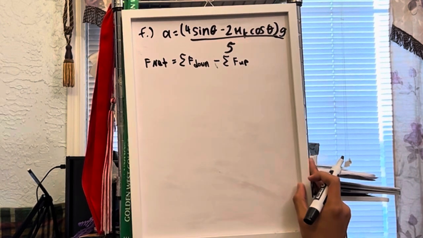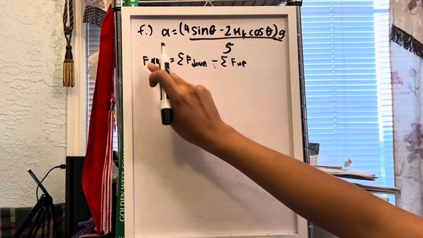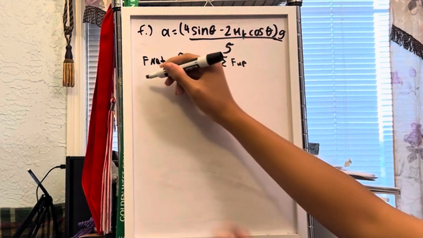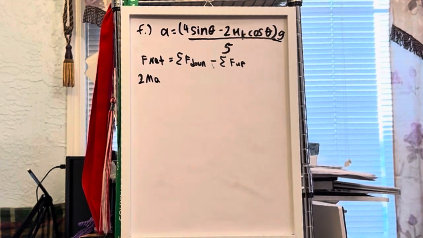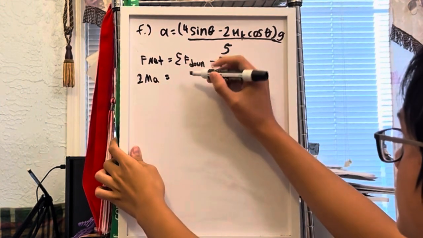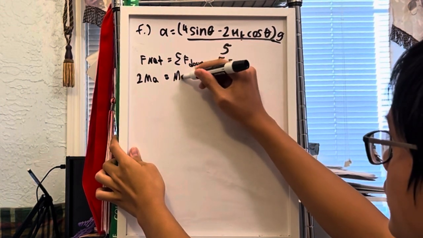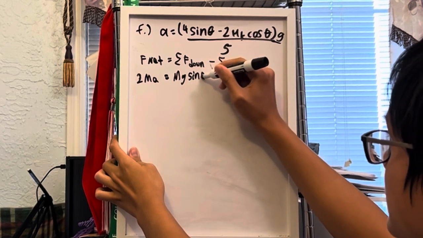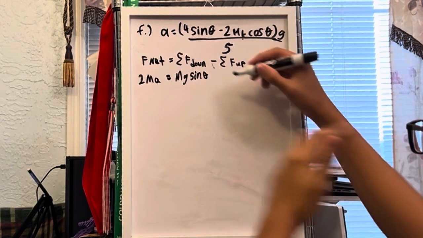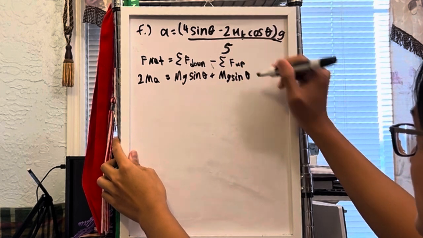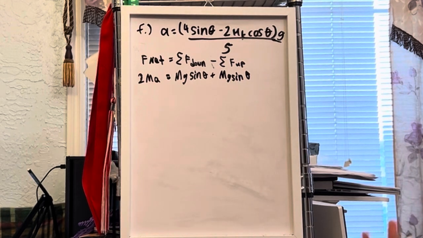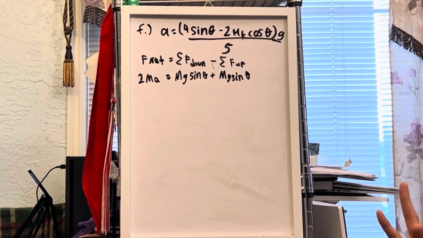So I know that the block, well, first of all, this F net, F equals ma, so then it's going to be 2m times a. This is the linear a, and that's going to equal the forces going down. I know the block is going to have an mg sine theta, which is the FGX force going down, plus the circle is also going to have an mg sine theta. And since I'm looking at this in terms of a system, tension is just an intermediate force, so I don't even need to worry about that.